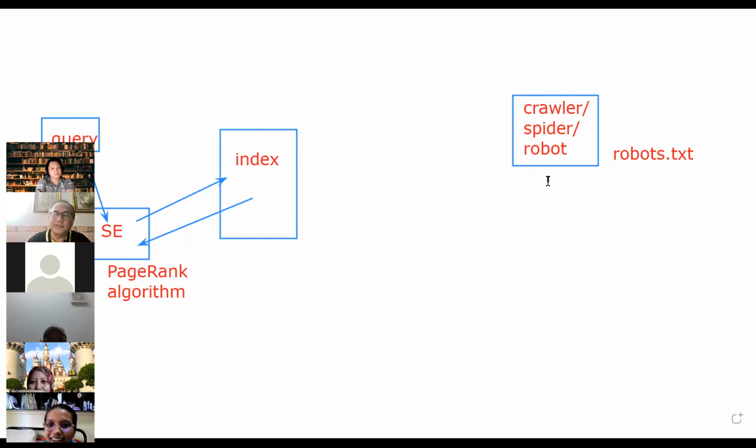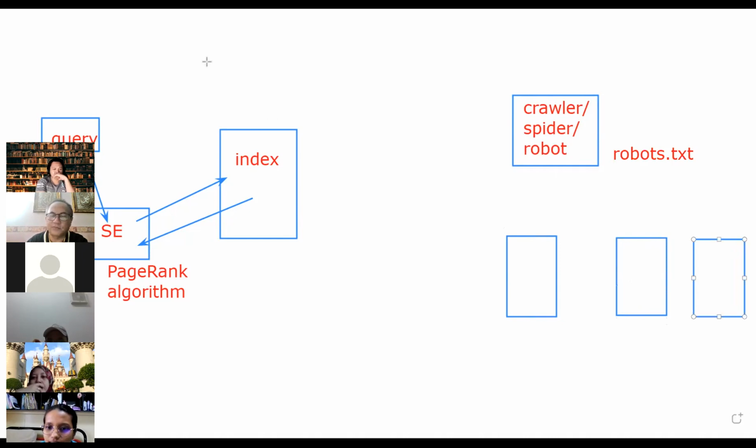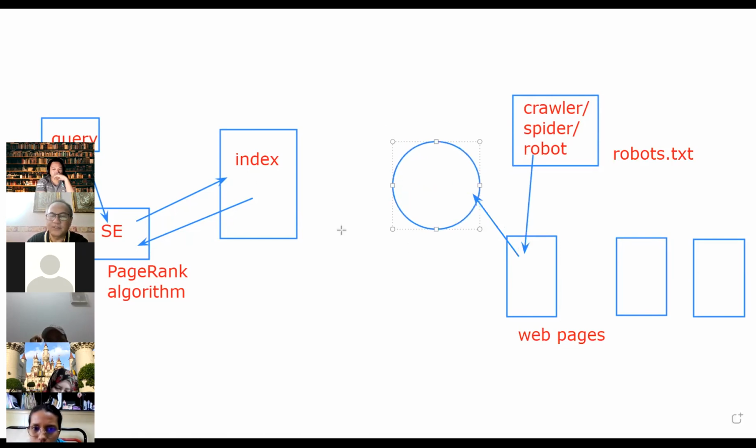So this robot will move from web page to web page. That's what it does actually. It moves from this page, and then they take this information and put it into their raw repository, and then they go to the next page.